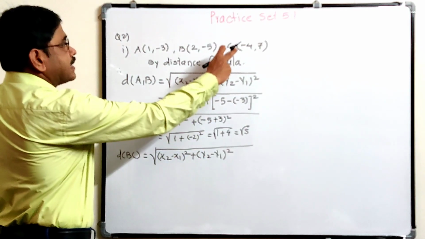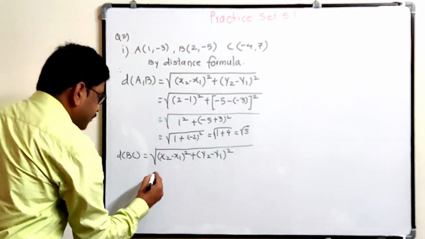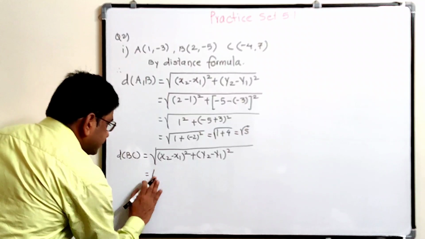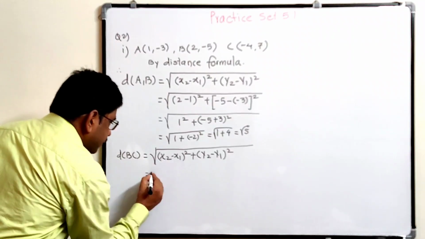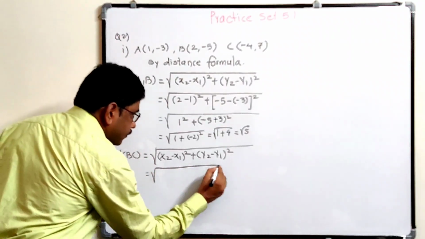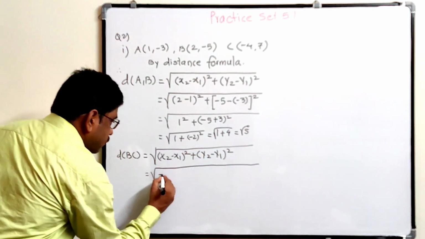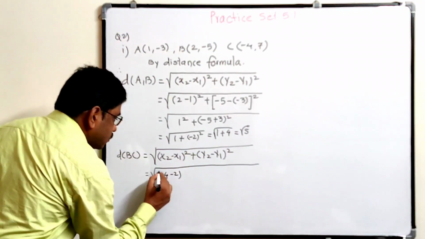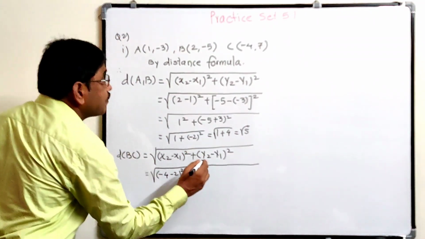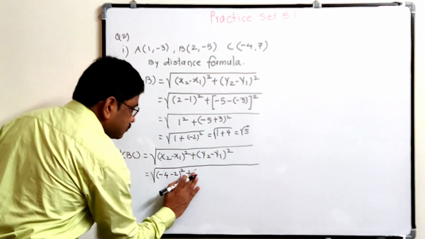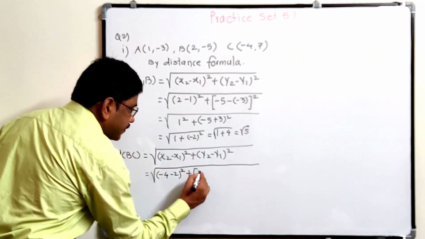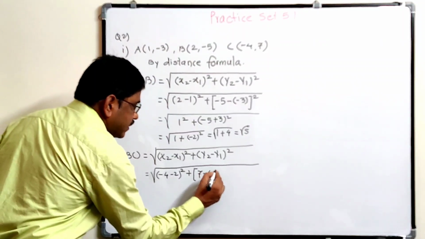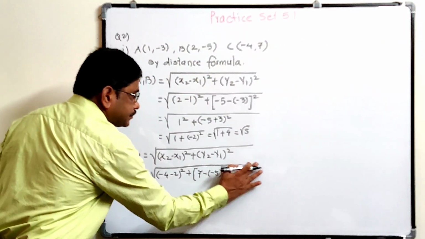So x2 minus x1, (minus 4 minus 2) square plus 7, here use square bracket, (7 minus minus 5) square.